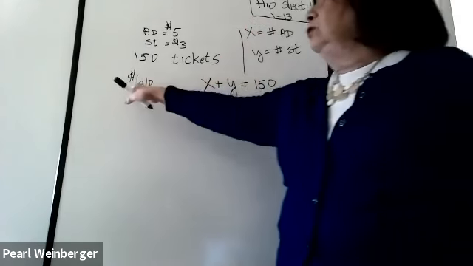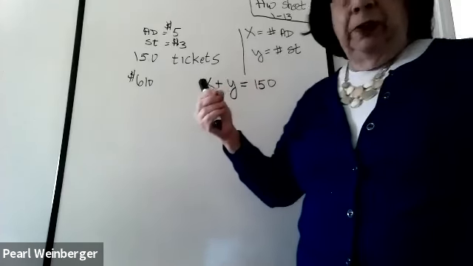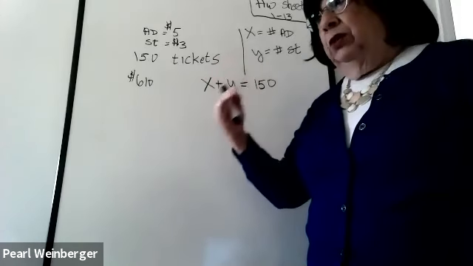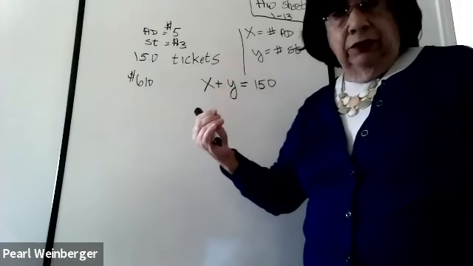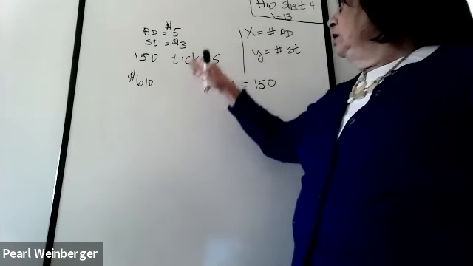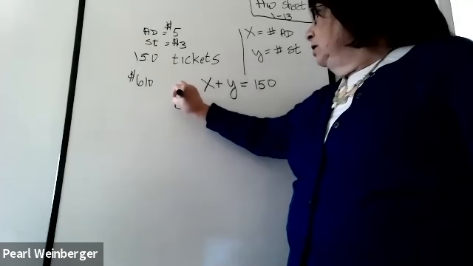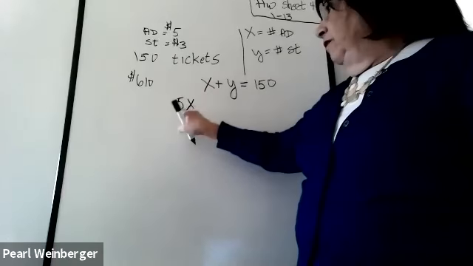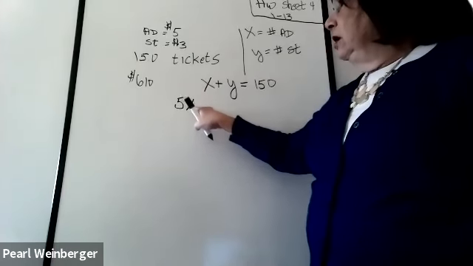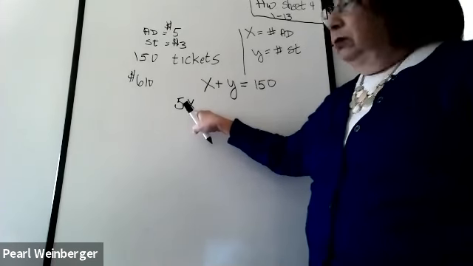Okay, now we have to deal with the money part. When we're figuring out how much money is made, remember it's not only how many tickets of each kind were sold, but the price of each ticket. So when it comes to the adult tickets, the amount of money they made on the adult tickets is 5X. $5 for each ticket times X, the number of adult tickets that were sold.